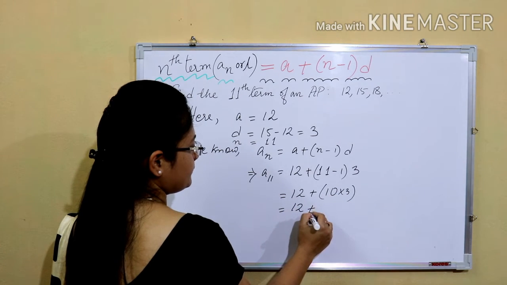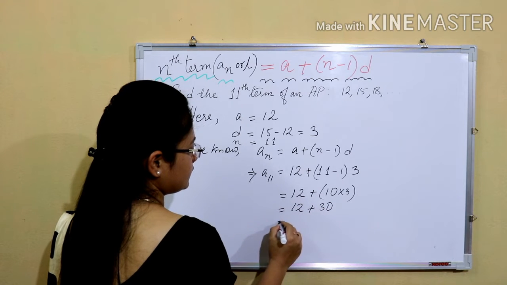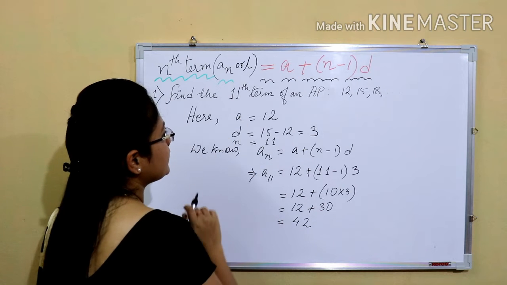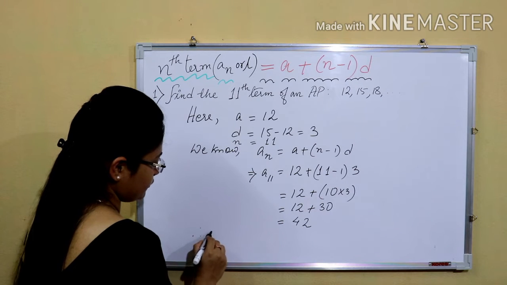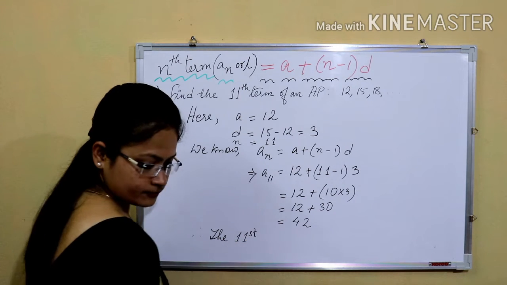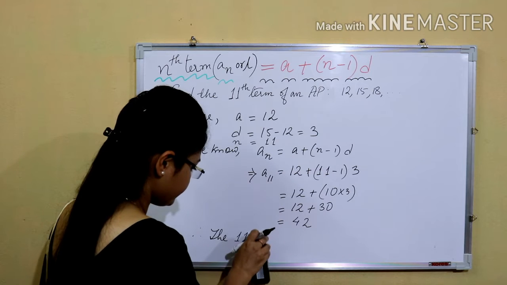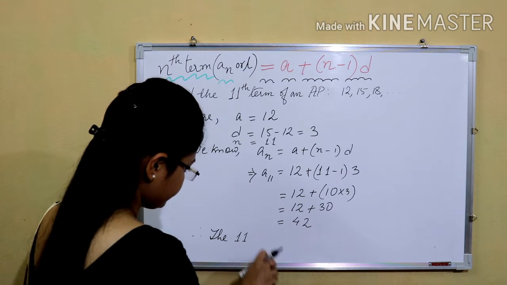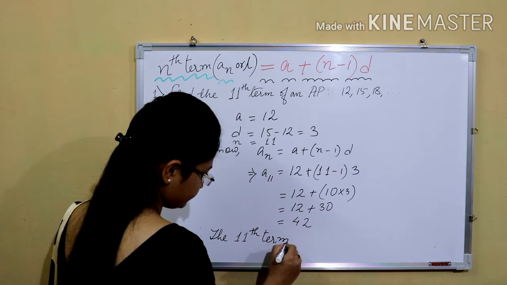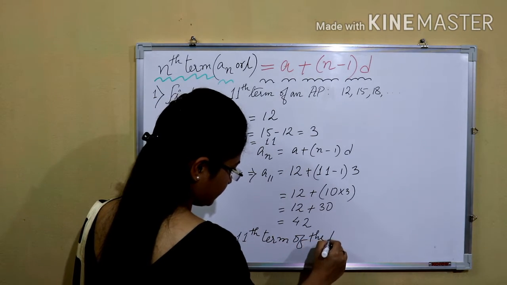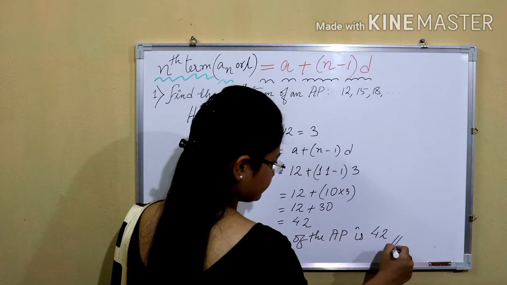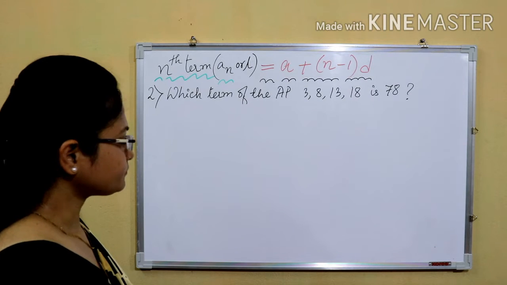So 12 plus 30. So 30 plus 12 it will be 42. So we got the 11th term. So therefore the 11th term of the AP is 42.